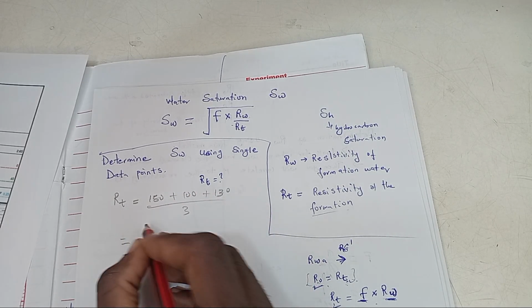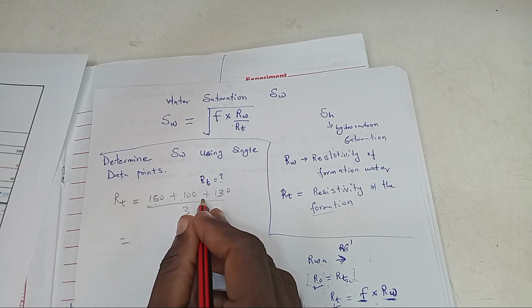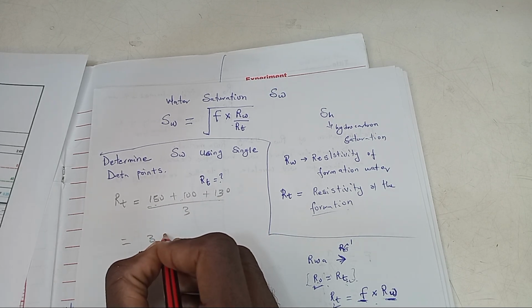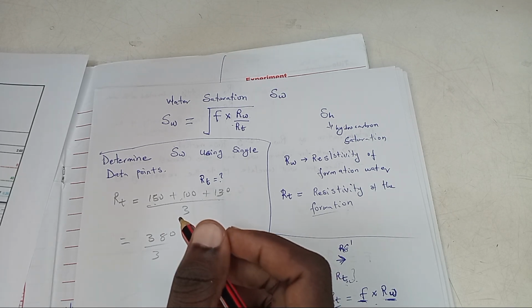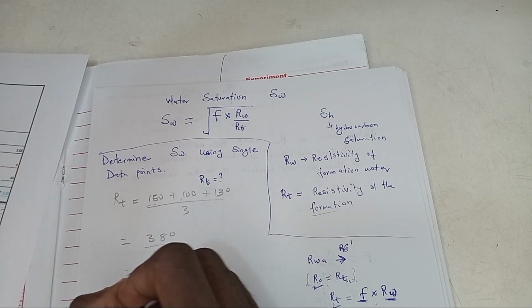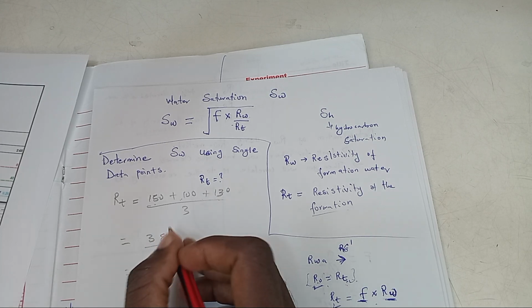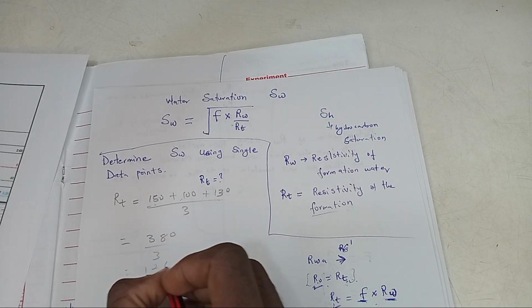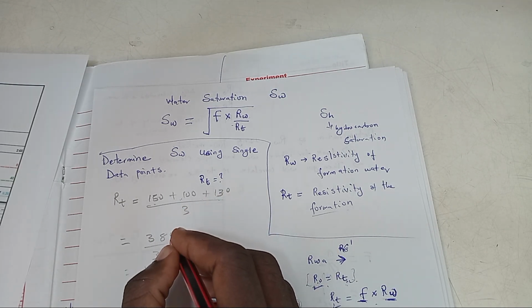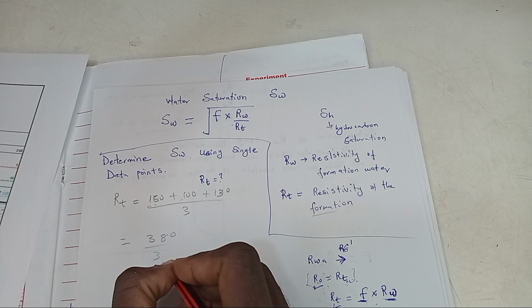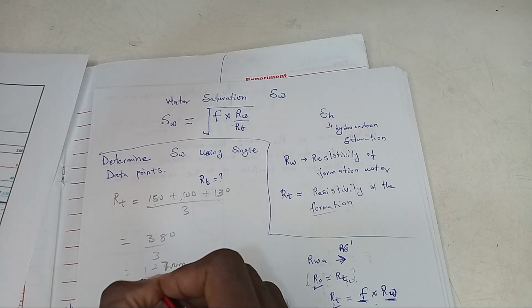That gives 380 divided by 3, which is approximately 127 ohm meter. That's our RT.